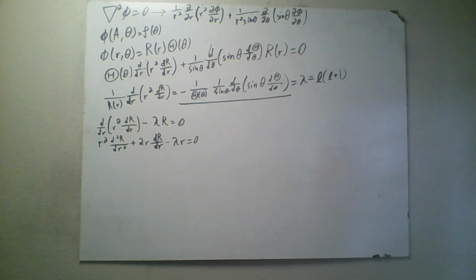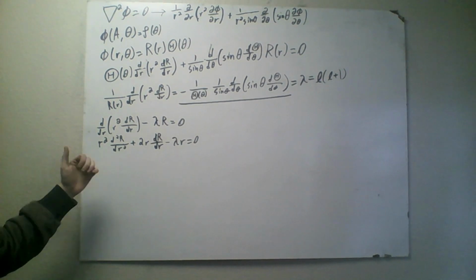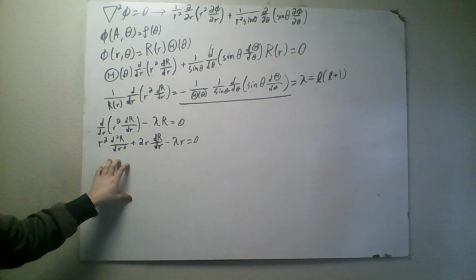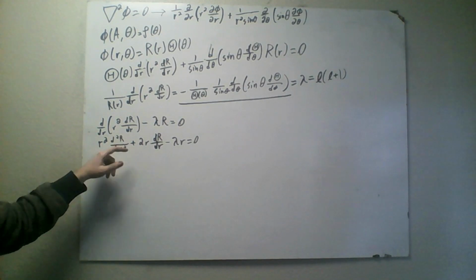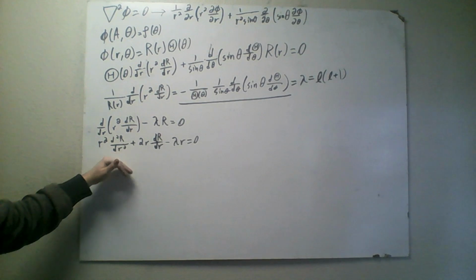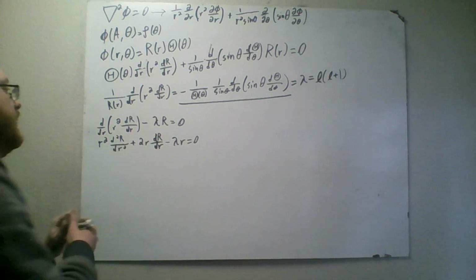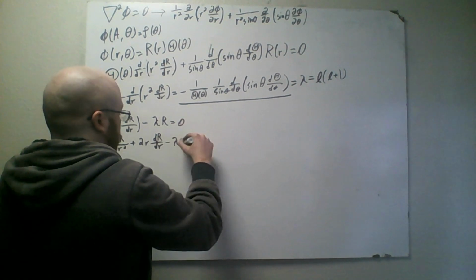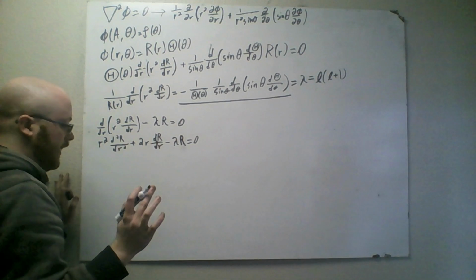Now normally for differential equations you try to guess e to the nx or kx or whatever. In this case, if we take the derivative of this twice, we leave this as is, and we guess r to the n.